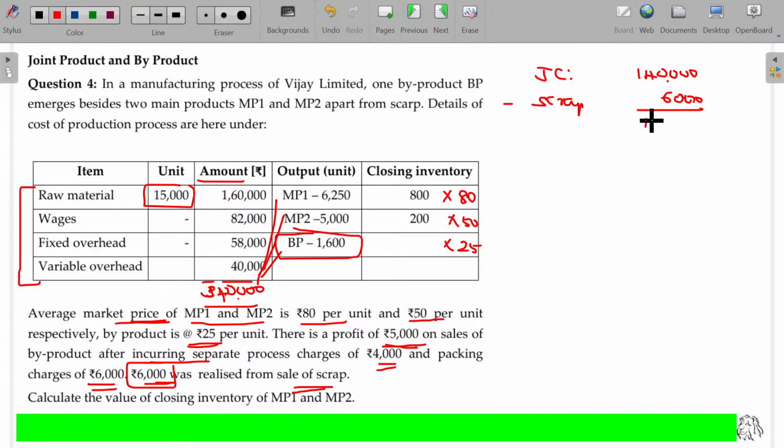Okay. So 1 lakh 34,000 you incur. Whatever the amount you recover by selling the byproduct can be subtracted directly. Okay. Minus NRV of byproduct. What is the output? 1,600 is the output, multiplied with 25. Come on. 1,600 into 25.